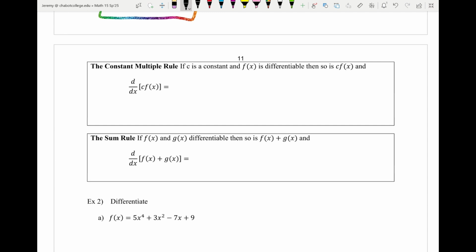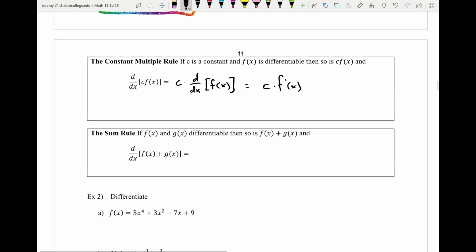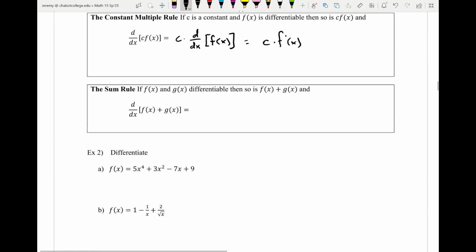And the derivative of c times f of x is just equal to c times the derivative of f of x, or we could just write that as c times f prime of x. And what this means is we don't really have to worry about constants when we're taking derivatives of functions that might have a term with a constant out in front.